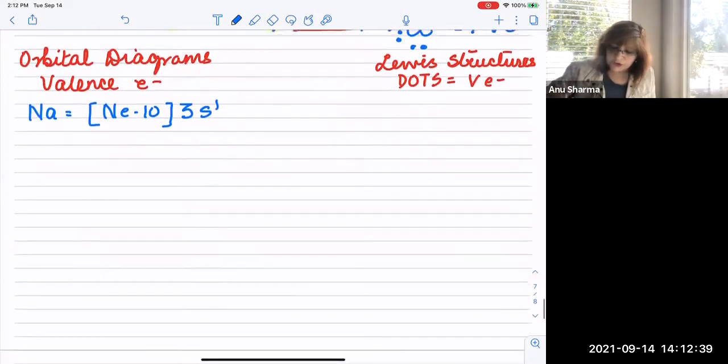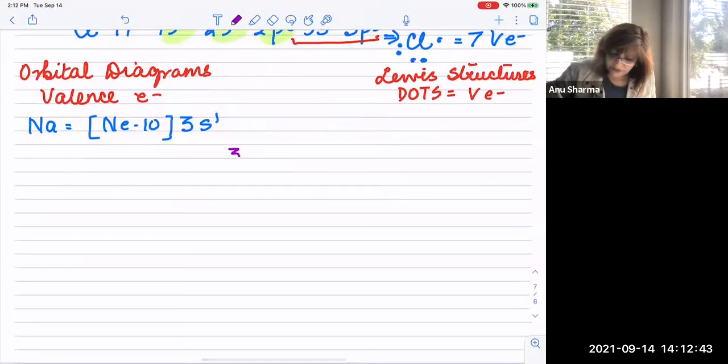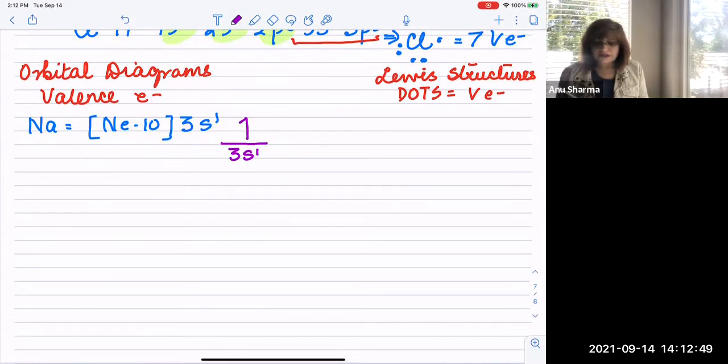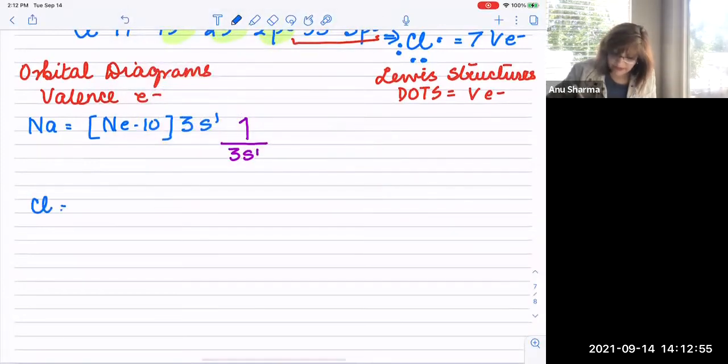Okay, and how do you show it? We show it like 3s1. 3s1 is 1 electron, like that. Single spin. Now comes the chlorine. Chlorine is neon 10. Okay, and then this is 3s2 and 3p5.